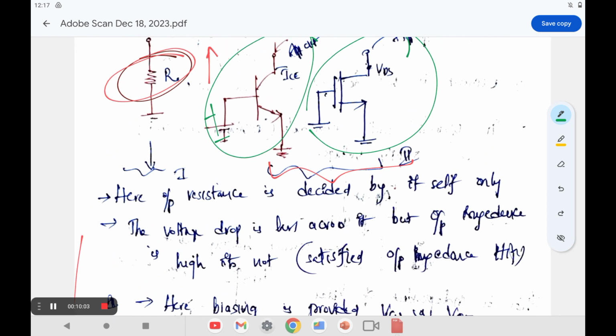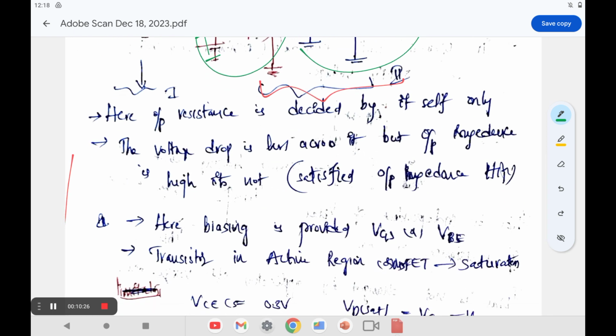At that time, there is a possibility of the first criterion. Whenever the slope is there, there is a possibility of resistance also being there. If the resistance is there, we will check whether it is high resistance or low resistance. The first condition for a biasing element is high output impedance. That is the first criterion. Okay, so that is the case here also. So is there any drawback in this case?